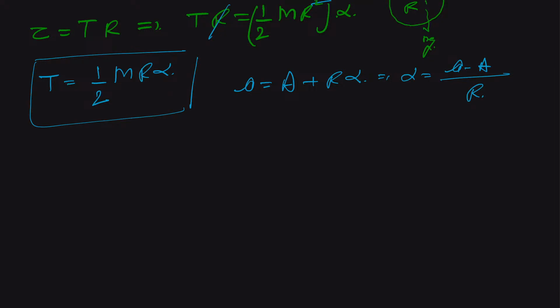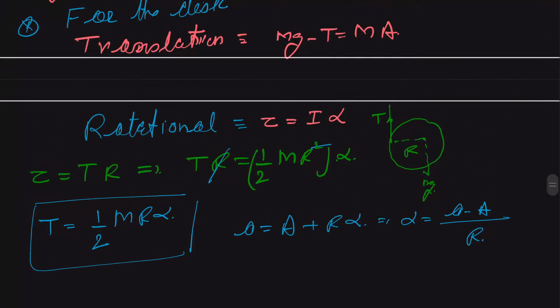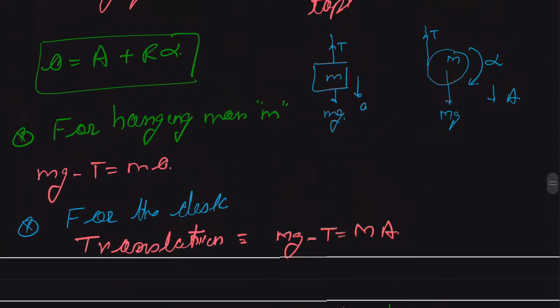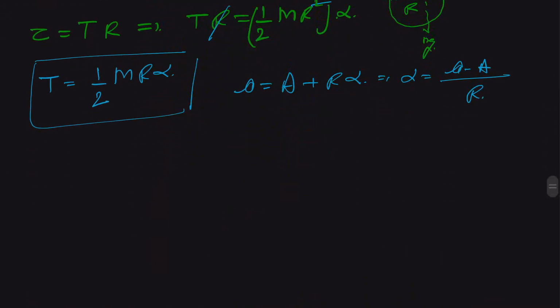And we are interested in finding out the acceleration. Okay, so we are going to use this relationship mg minus T is equal to ma, and here we are going to put T. So we have mg minus T is equal to m times a.